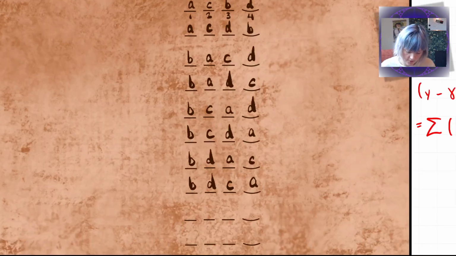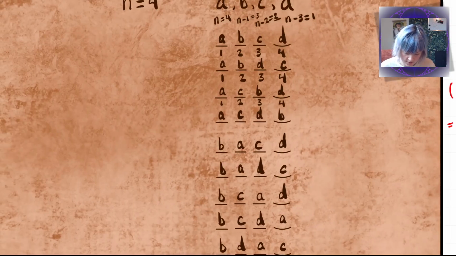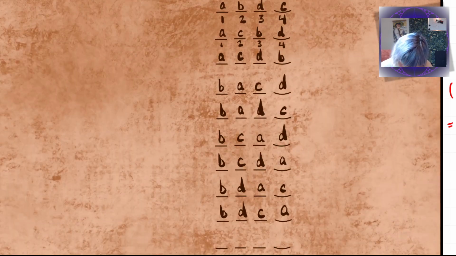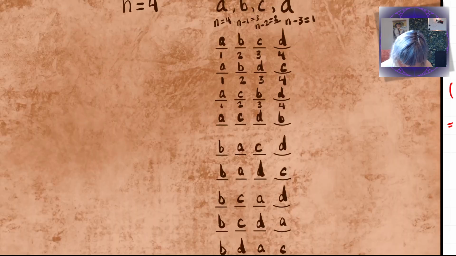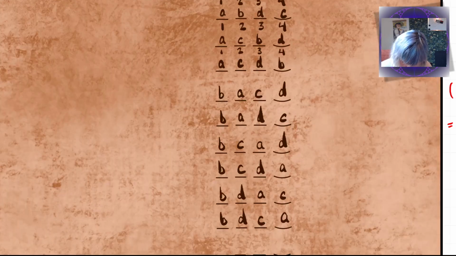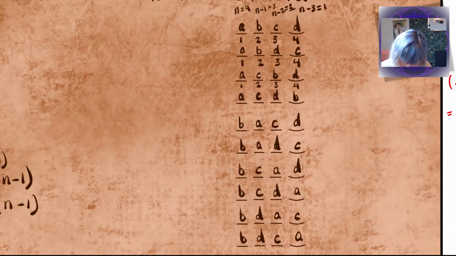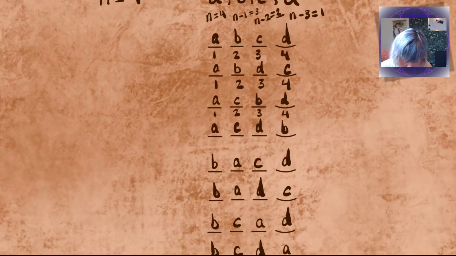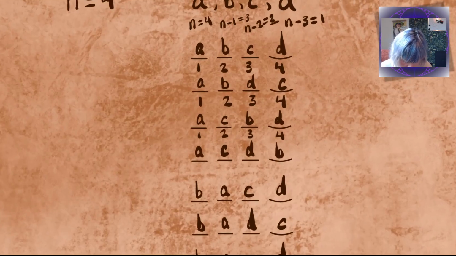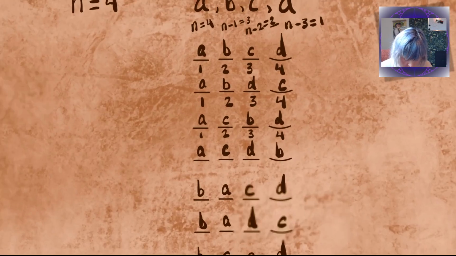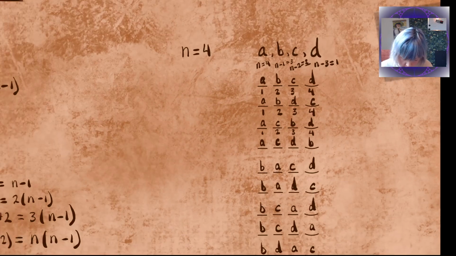Wait, does that make sense? 1, 2, 3, 4. 1, 2, 3, 4, 1, 2. Okay, I feel like I did something wrong here. I think I should have had more here, right? B, B, C, C. Oh, yeah. So I moved on too soon.